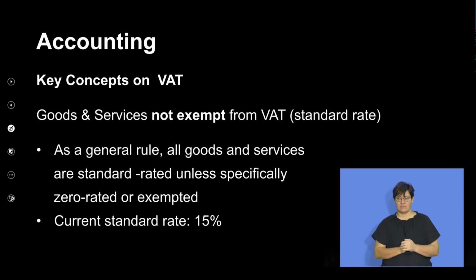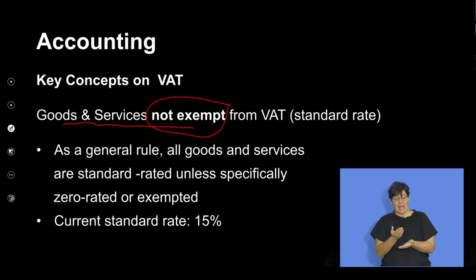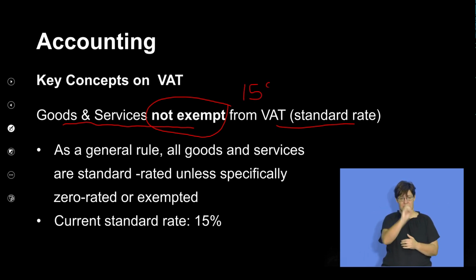Continuing, we're saying that generally your goods and services that are not exempt from VAT will have a standard rate. And we all know that the standard rate is 15%. Now, you get items that fall within the category of zero rated.